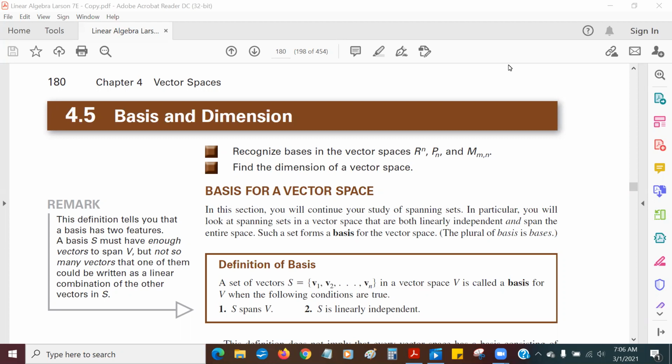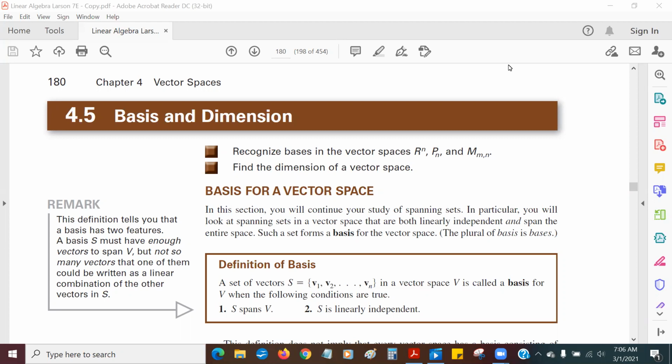The definition of a basis, I'm just reading what it says in front of us: a set of vectors in a vector space is called a basis if it spans the vector space and if it is linearly independent. So these are the two features of a basis.